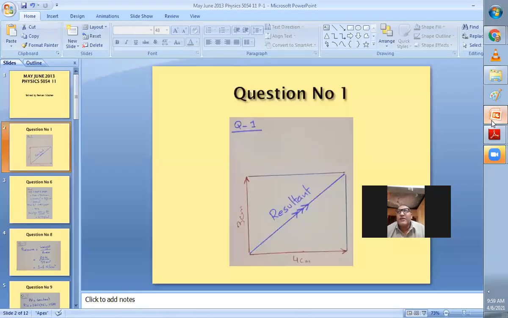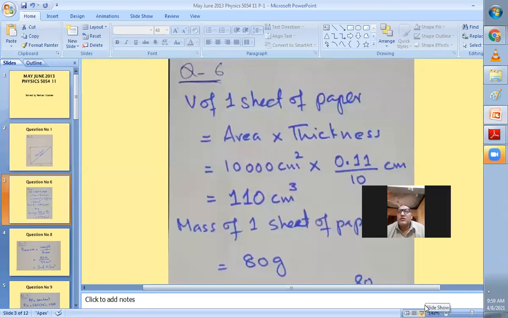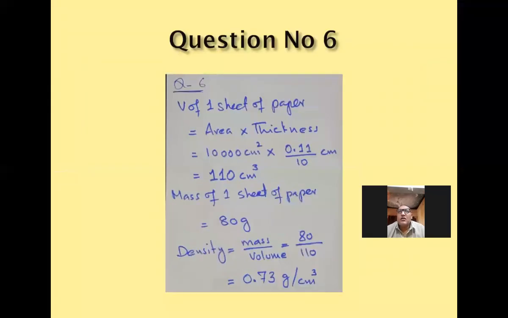I've done this on a paper. Let me show you my work. On your screen, it is showing that the volume of one sheet of paper is equal to area multiplied by thickness. Area is 10,000 centimeters square, multiply 0.11 divided by 10.